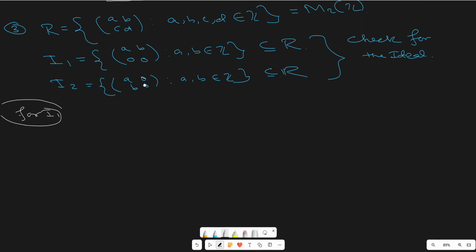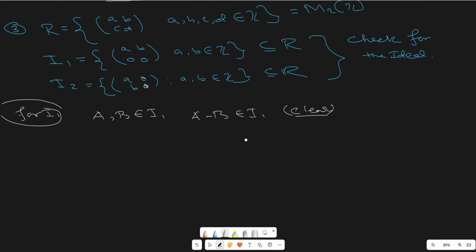This is 0 0, right? So anyways, for I1, suppose a comma b are two elements in I1. So a and b will look like some (a1, b1; 0, 0) and some (a2, b2; 0, 0). So definitely a minus b will be in I1.